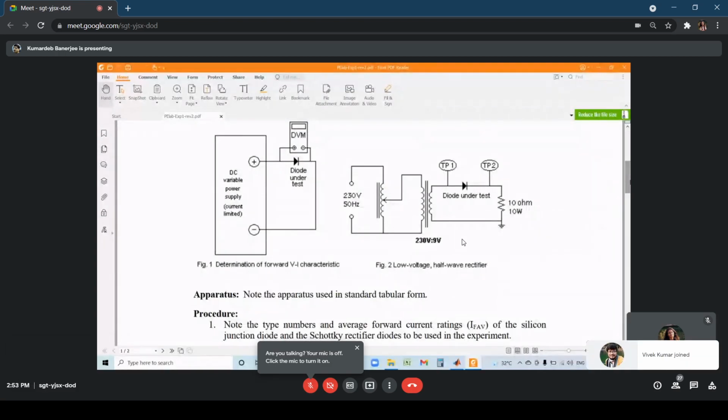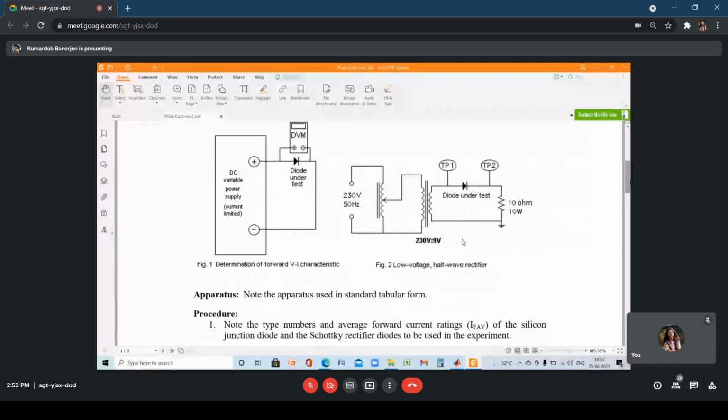It's V square by R, or maybe I square R. So if I is pretty large, then for any particular R, the heat dissipated across the junction will be very high. Clear? So that's why all these devices come with proper heat sinks, so that the junction is not destroyed.